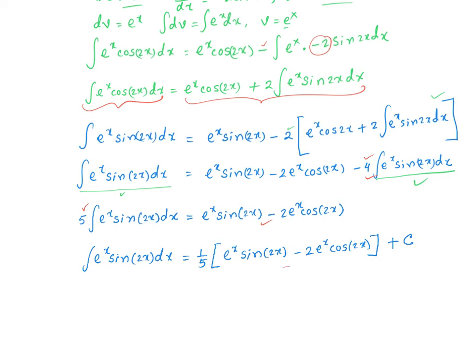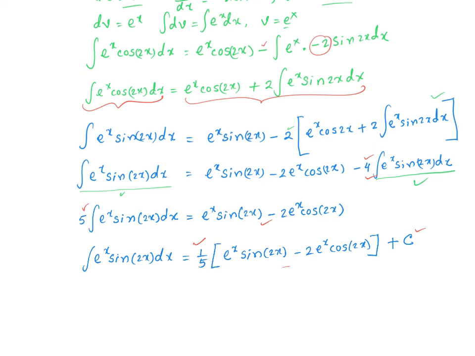Please keep in mind that we need to add the constant of integration. So the integral e to the power x sine of 2x dx is equal to this whole thing on the right side. And that's what we have been looking for.